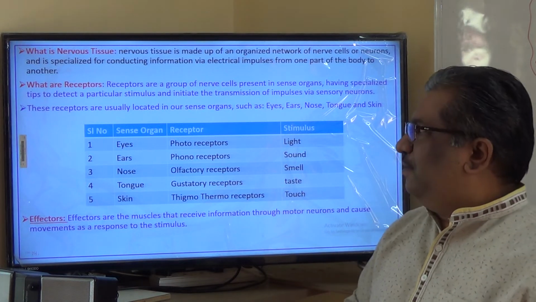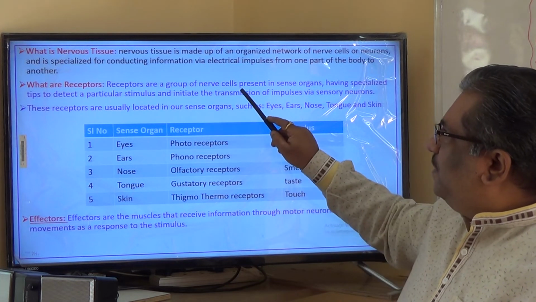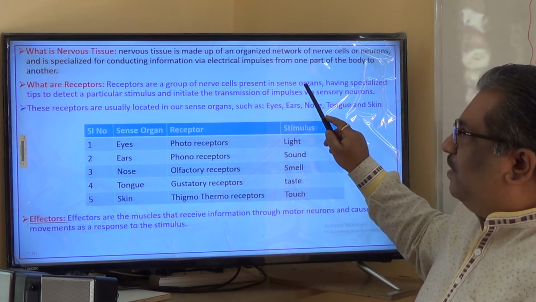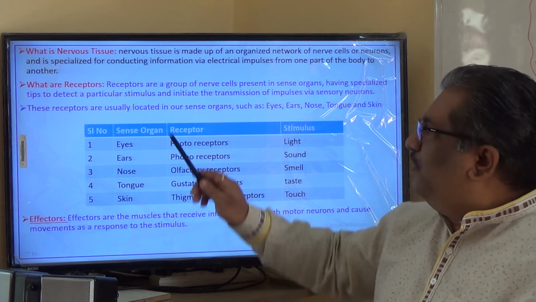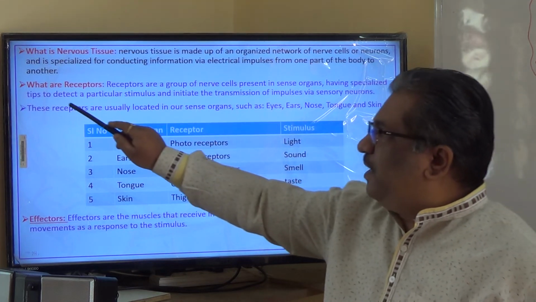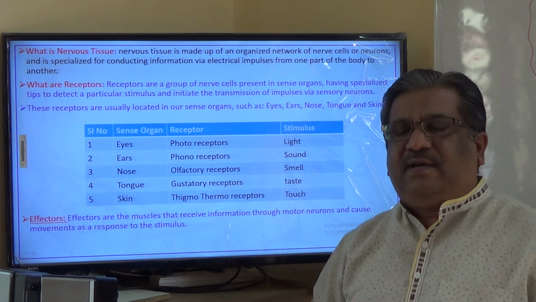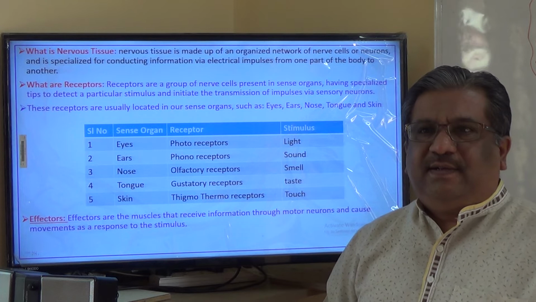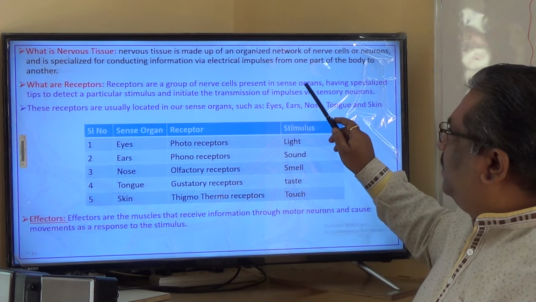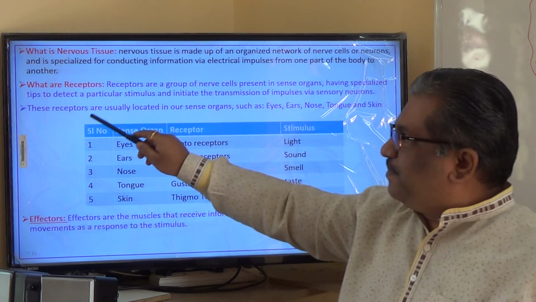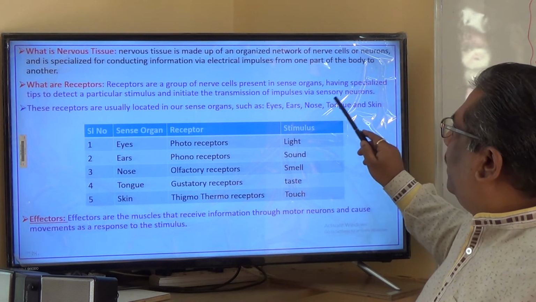Receptors are a group of nerve cells present in the sense organs, having specialized tips, specialized dendritic tips. What is a dendrite? We'll see that later. So receptors are a group of nerve cells present in the sense organs having specialized tips to detect a particular stimulus and initiate the transmission of the impulses via sensory neurons.